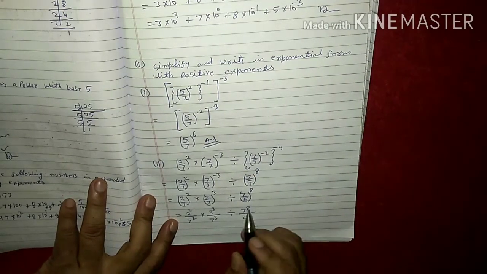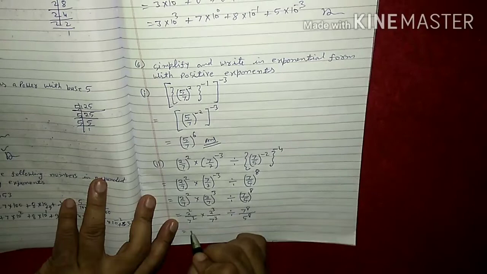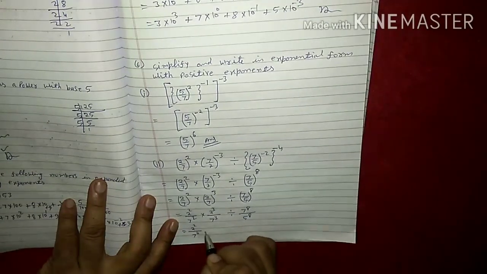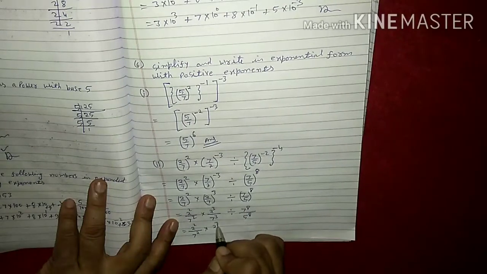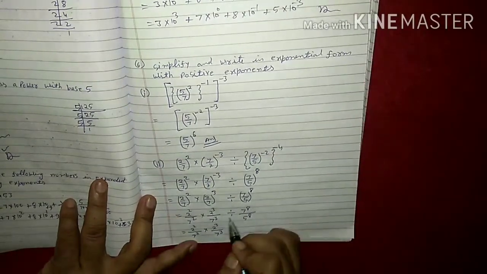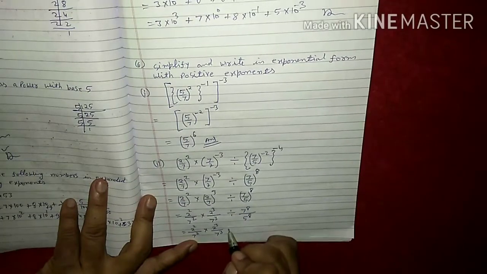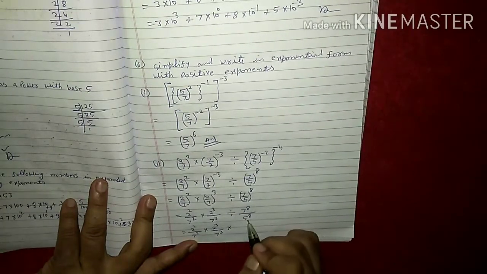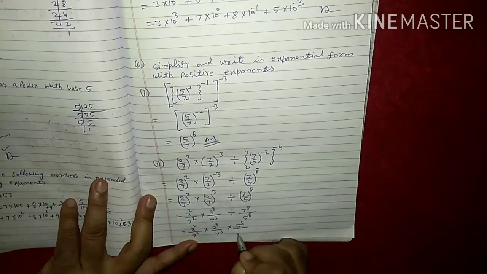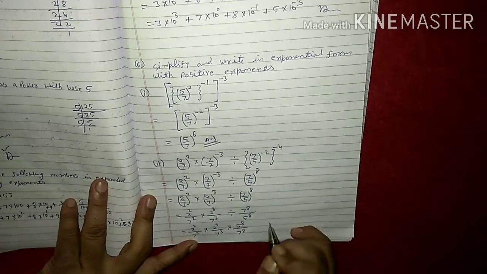Now solve this divide. 2 power 2 upon 7 power 2, 2 power 3 upon 7 power 3. Divide will be changed into multiply, and now write the reciprocal of this number: 5 power 8 upon 7 power 8.